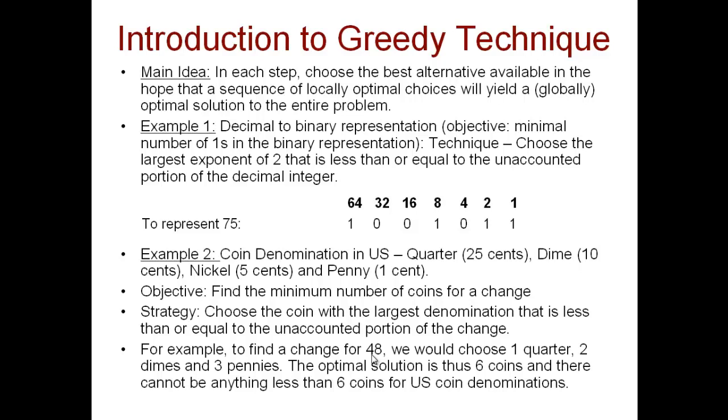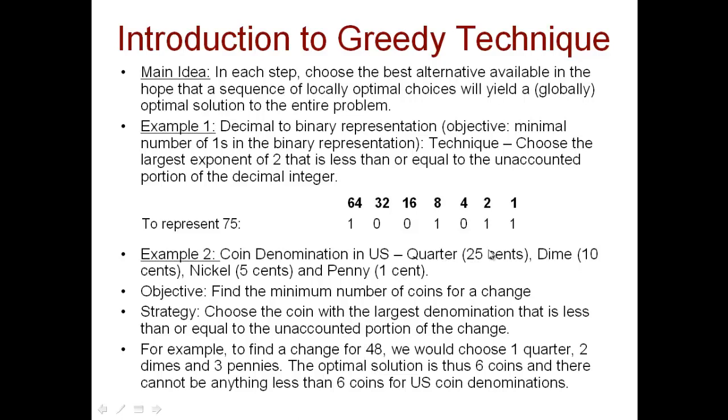You don't want that person to give you 48 1-cent coins, which is called a penny. You want them to give you back as few coins as possible and make up that 48 cents. If you look at what strategy that person should use to decide the minimum number of coins and what combination of coins to give you back, there's a greedy strategy behind that.